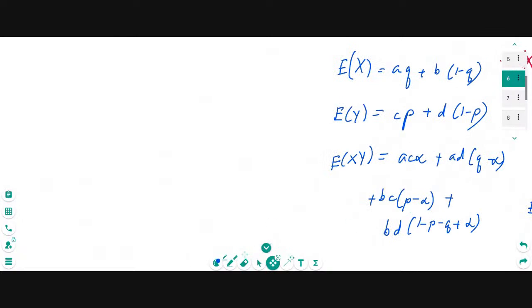Okay, let's try to find the expectation of XY minus the expectation of X times the expectation of Y. Now this is a very challenging task because there are a lot of variables. What do you have to understand? We need to prove that it is equal to 0 if and only if alpha is equal to PQ, right?